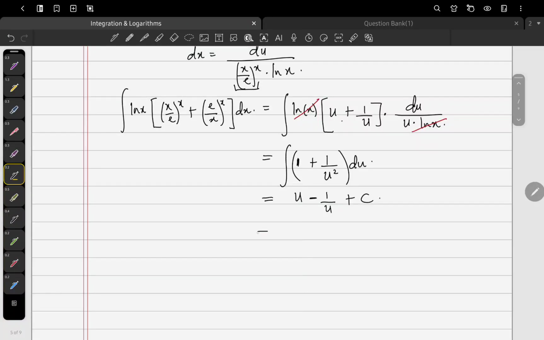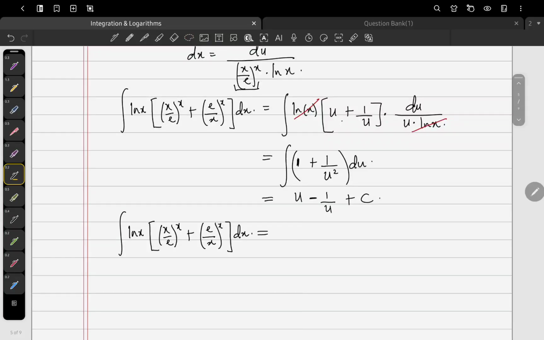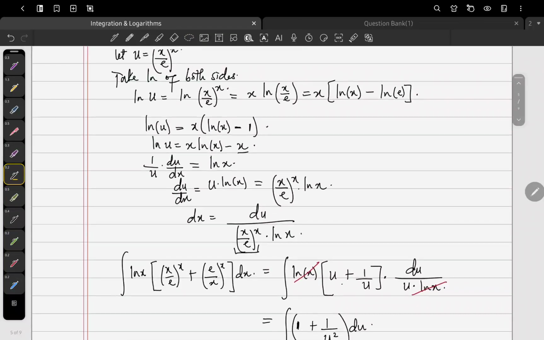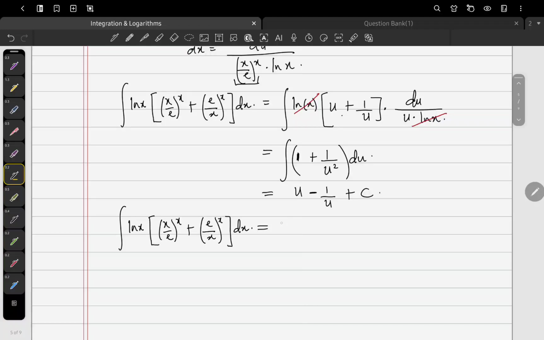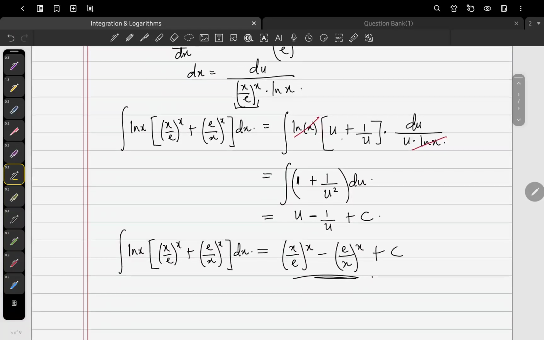So finally, the integral, let me just copy and paste, is equal to, and we bring back the x, back substitute. u is (x over e) to the power of x, minus the reciprocal, (e over x) to the power of x, plus c. What a beautiful question. And with that, we come to the end of this volume 1.